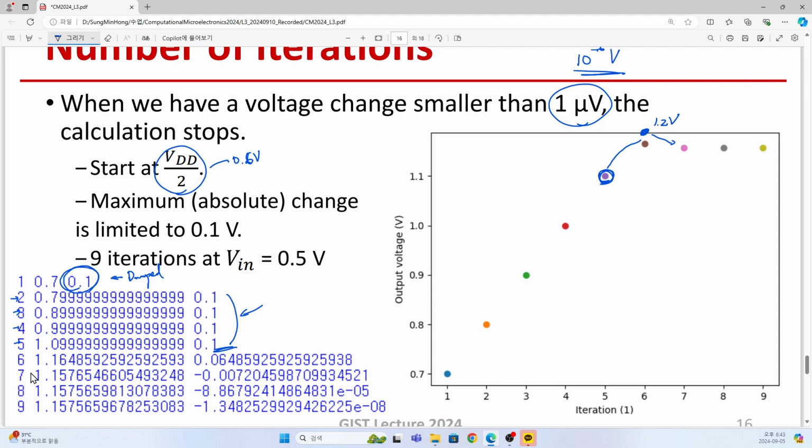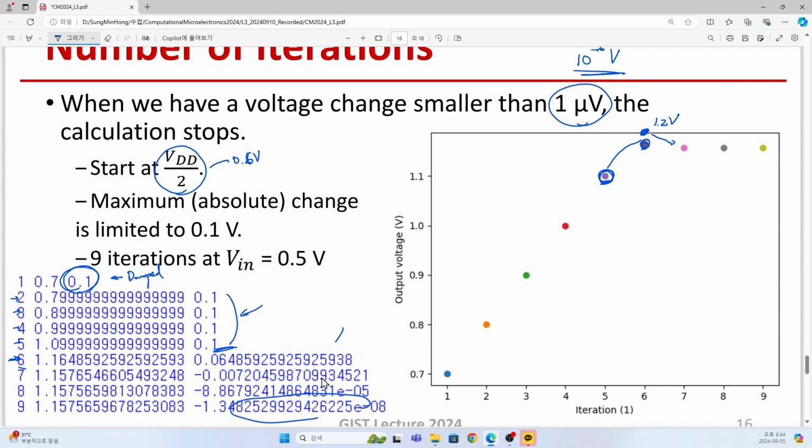But in this case, when you look at these 6 Newton iterations, you can already find that the value is well adjusted, and here we have a certain value. After that, we have a quite rapid convergence of our solution.